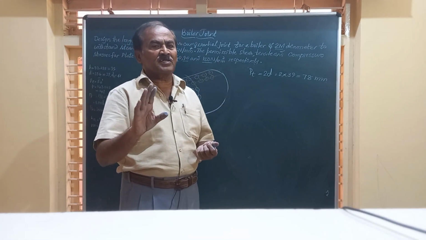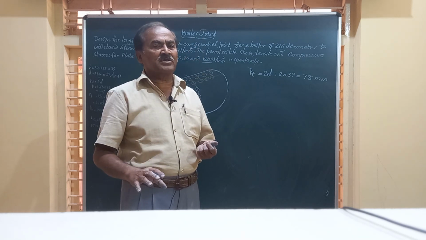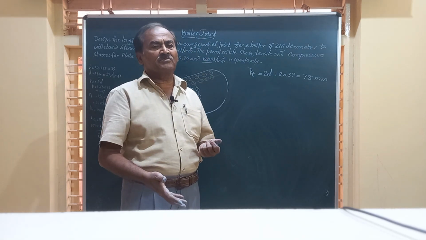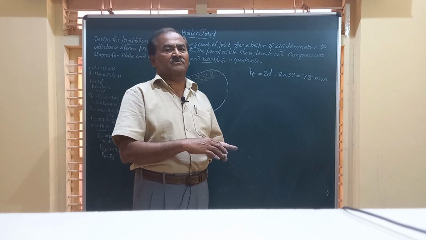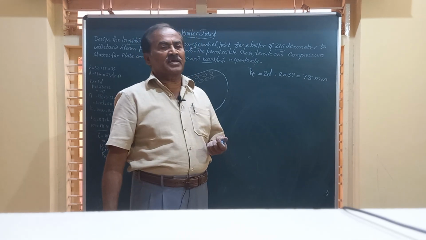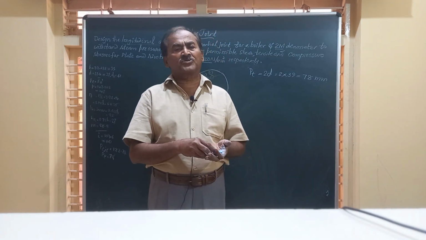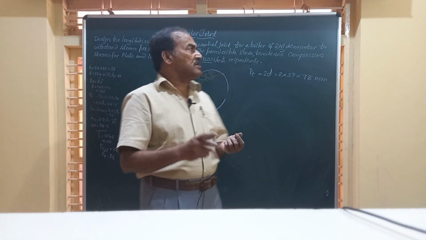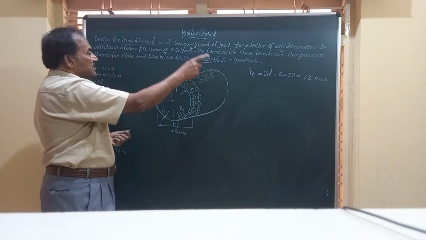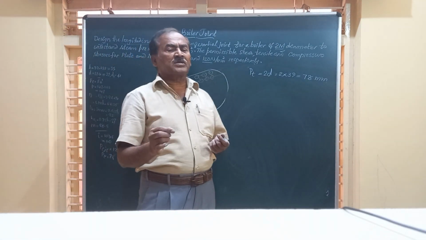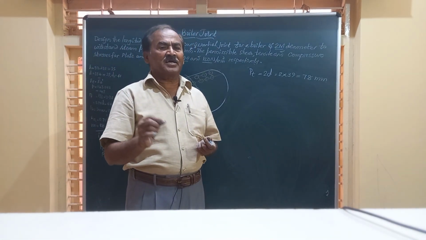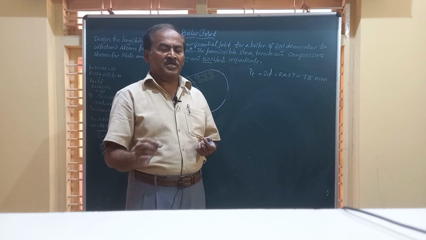If you just remember this, I think you will be able to get 90% of all the information from the handbook itself. Friends, once again I am advising you that this is a very important question which may be given directly, the full design, or most of the time they ask you the design of the longitudinal joint only.